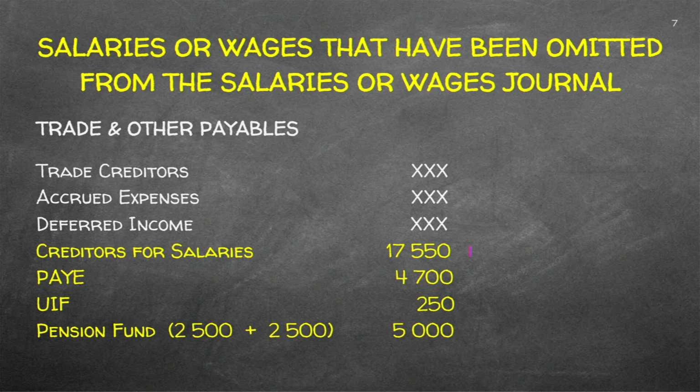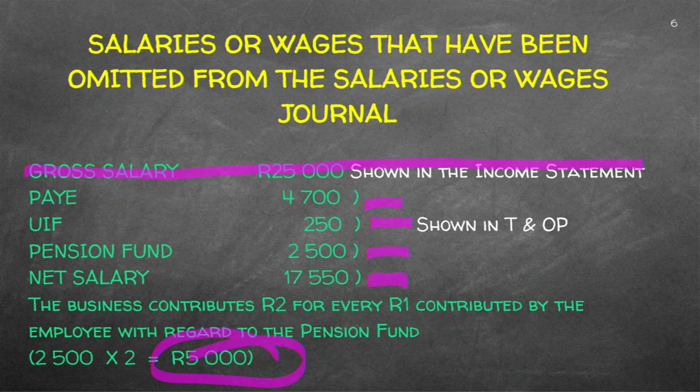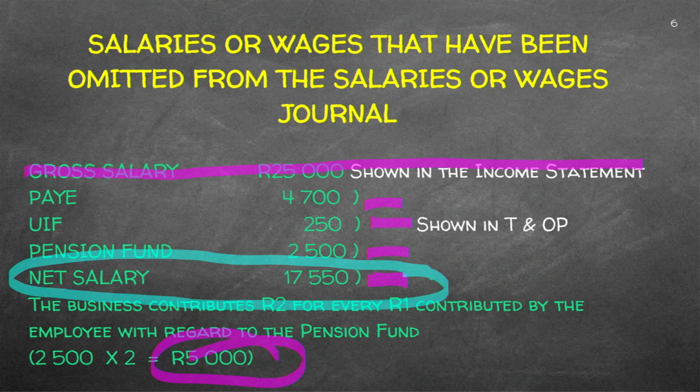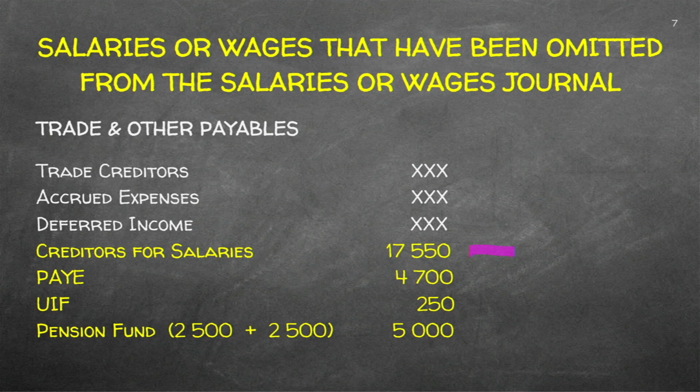So creditors for salaries, 17,550. Let's go back a slide. Can you see? Here is my net salary of 17,550. And so I take that to note number 9, creditors for salary, 17,550.